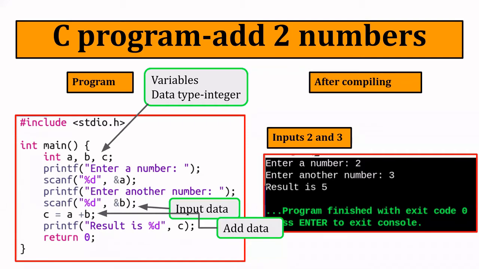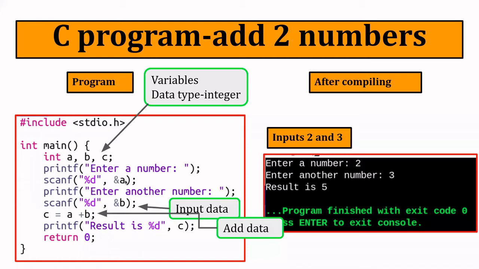The 2 will be allocated to the memory location A. Here you can see %d, which is the specifier for the integer value, and the & sign means address. You have to input to the address of A.